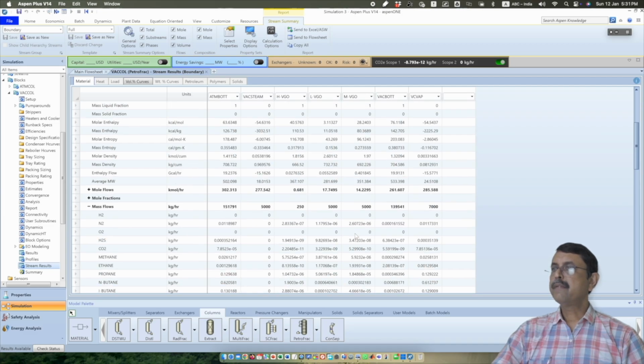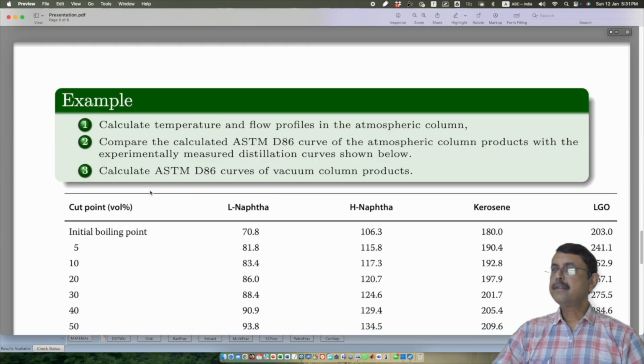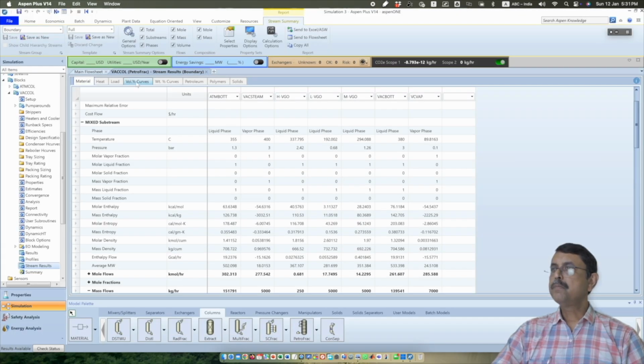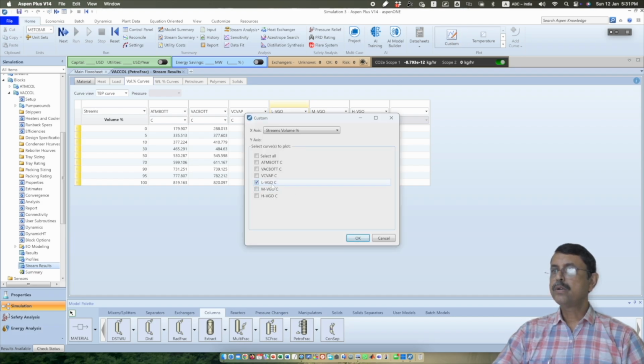Okay, whatever it is, we are interested to find the ASTM D86 curve of the vacuum column product. So let us go to the volume percent, and the products are over here. So let us choose LVGO, MVGO and HVGO. They are the vacuum column products.